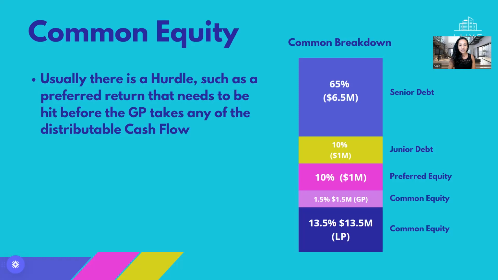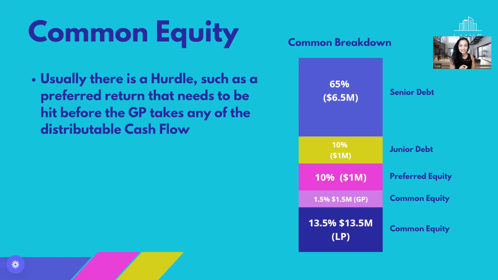An additional point that I want to make is with common equity. Common equity usually also has a preferred element to it. Usually there should be a preferred return or a hurdle that has to be met before the general partners get paid any of the distributable cash flow. What I mean by that is there might be a preferred return of 7%.